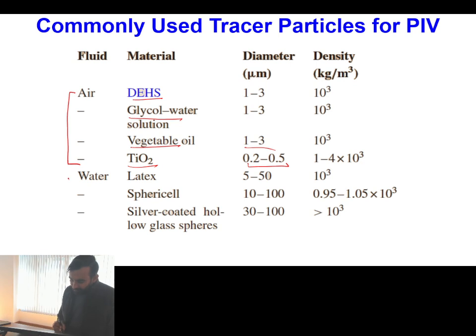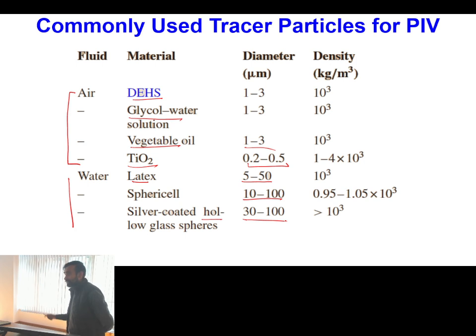If you have water, then you can use latex particles of 5 to 50 micrometer, sphericell particles of 10 to 100 micrometer, and you can even use silver coated hollow glass spheres of 30 to 100 micrometer.